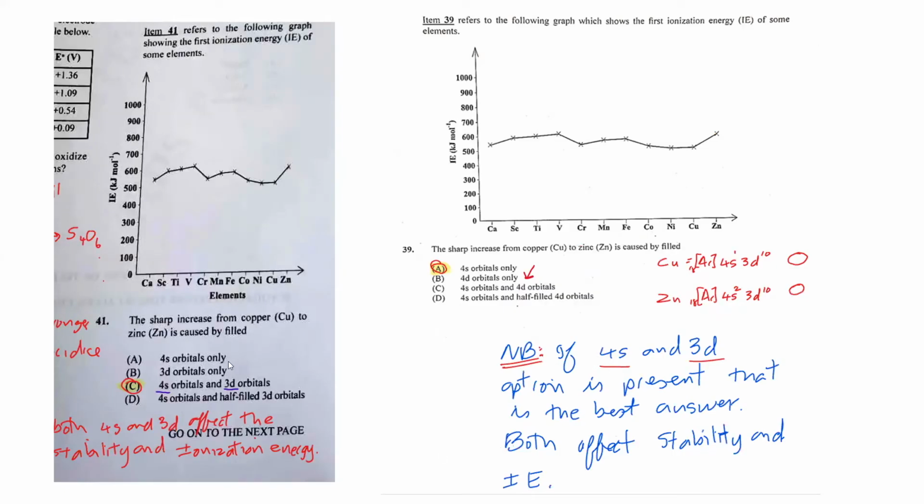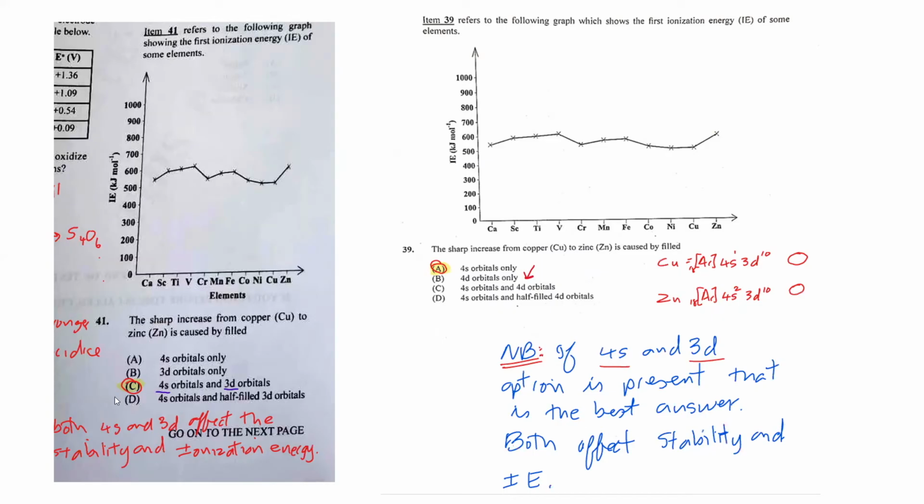This one is causing a lot of confusion. Now, it said that the sharp increase from copper to zinc is caused by filled: 4s orbitals only, 3d orbitals only, 4s orbitals and 3d orbitals, 4s orbitals and half filled 3d orbitals.